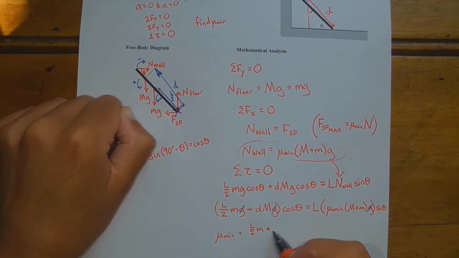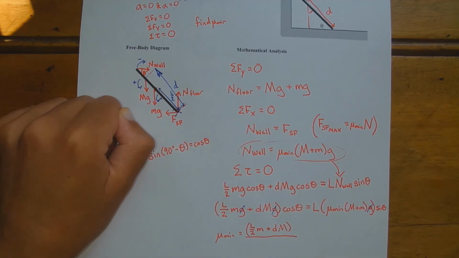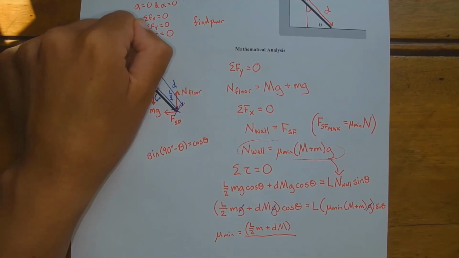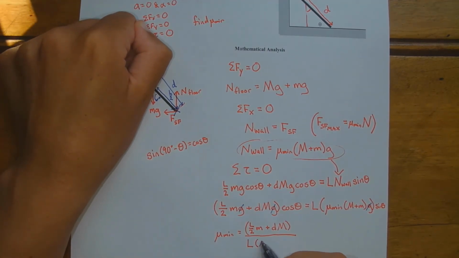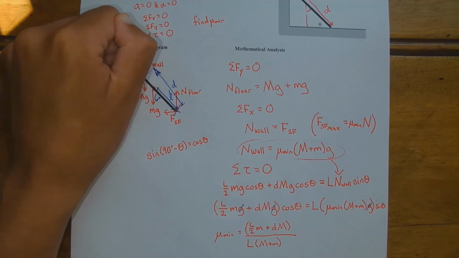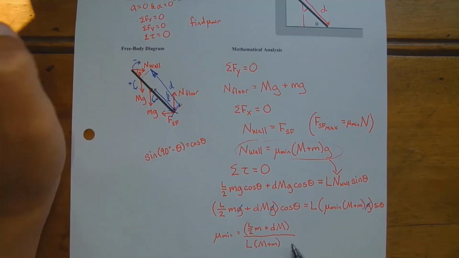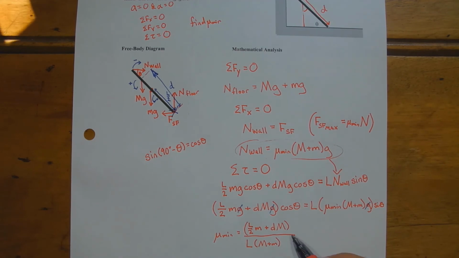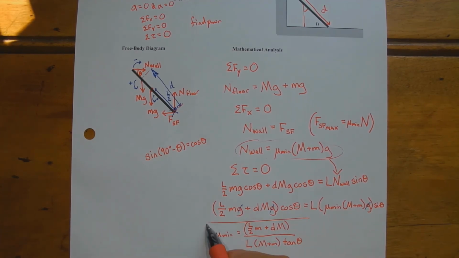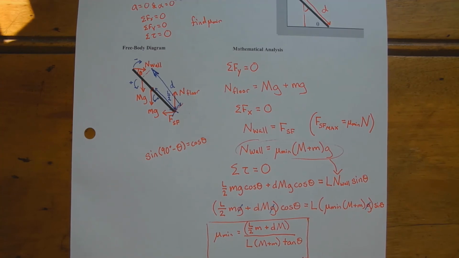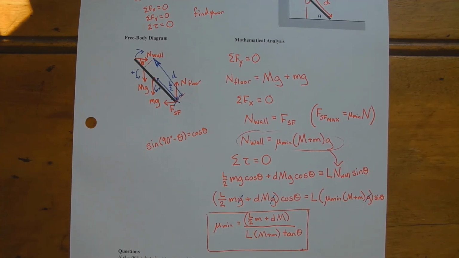So this is plus d times m, all times cosine theta, which I'll take care of in a minute, divided by L times capital M plus little m, and then I'm dividing by sine theta, but I had a cosine theta in the numerator, so sine theta divided by cosine theta is tangent theta, and that is in the denominator. So that is my expression for the coefficient of static friction. That's the smallest value the coefficient can have without the ladder slipping.